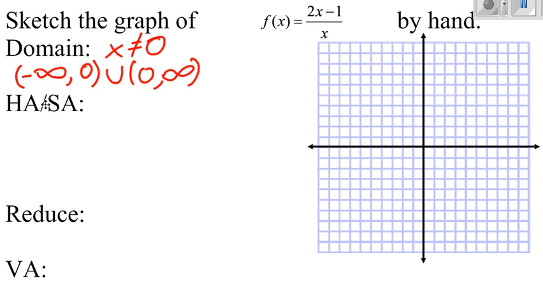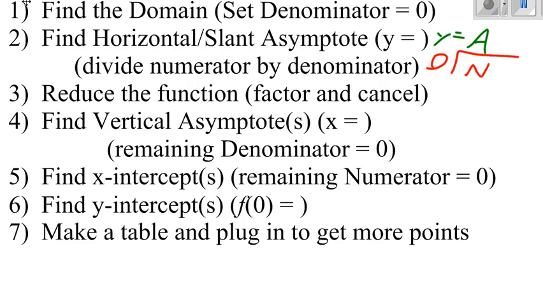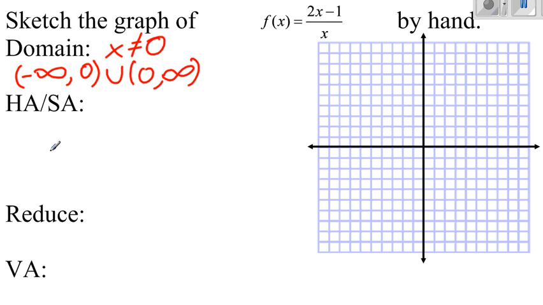Next we're going to find our horizontal or slant asymptotes. We'll do that by dividing the numerator by the denominator. Numerator inside, denominator outside. So 2x minus 1, the numerator inside, denominator x on the outside. We could do synthetic division for this if you wanted to with 0, because it would be x minus 0 as the denominator.